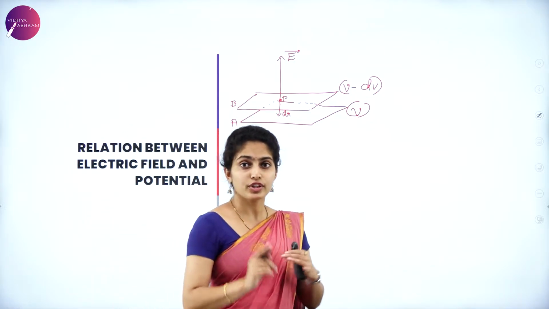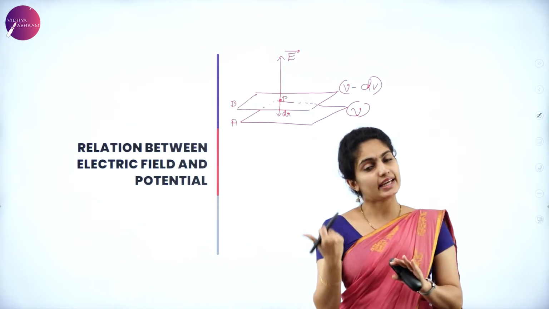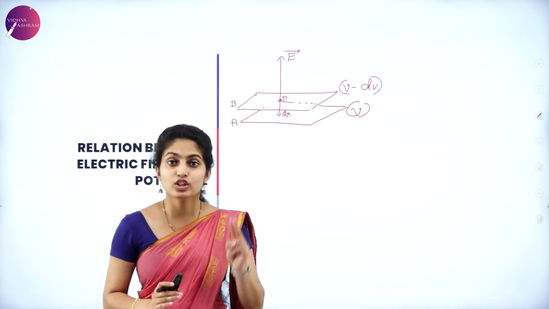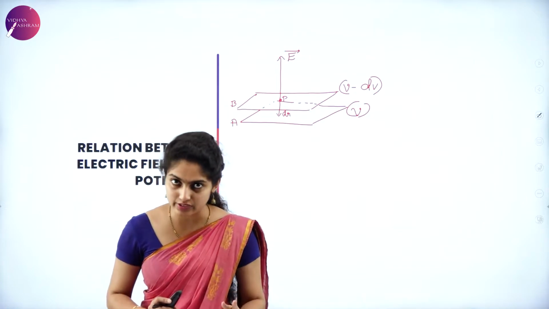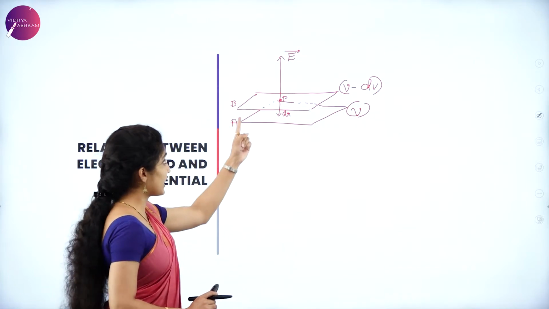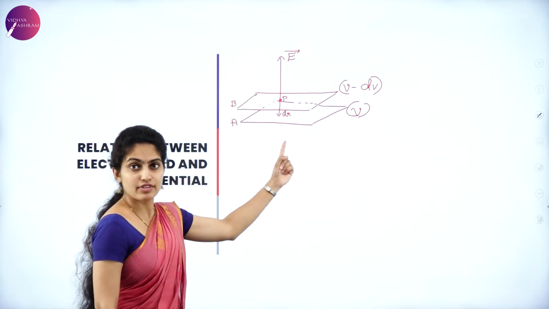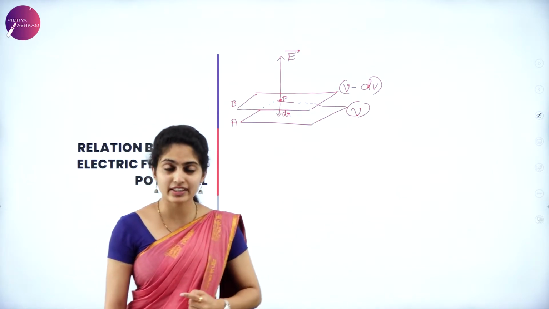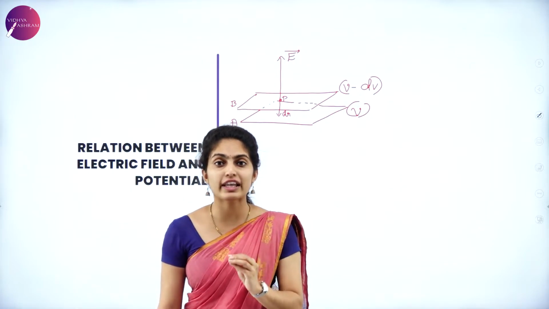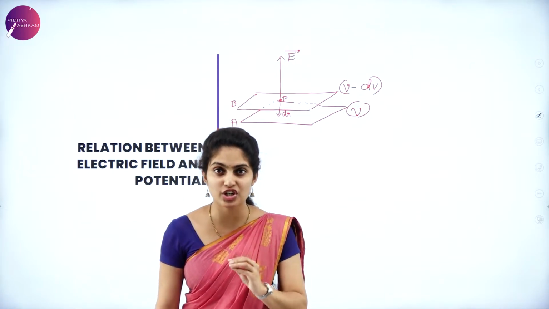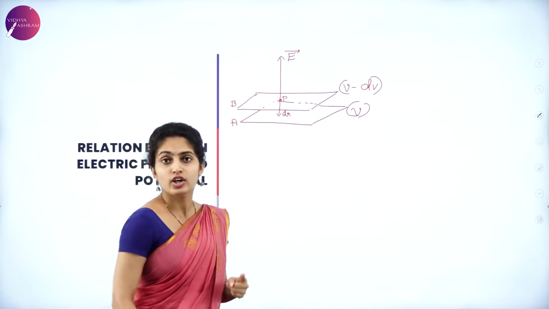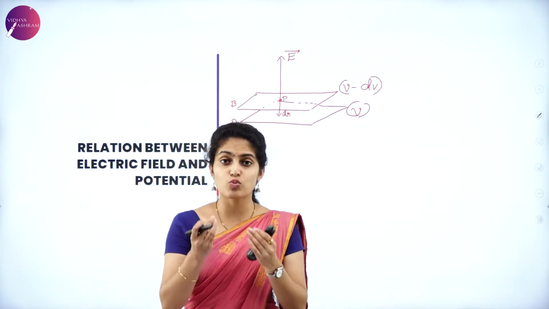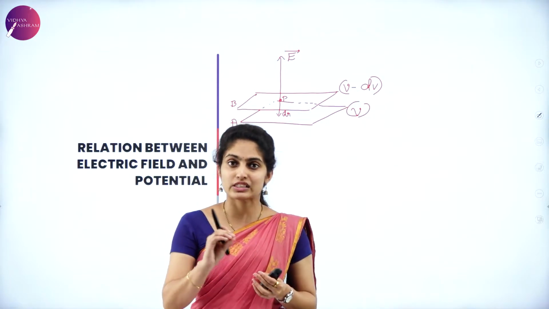Now what is our work? We have to equate electric field and potential. So now consider two equipotential surfaces known as A and B, which is having potentials V and V minus dV, and the flow of electric field is mentioned with the help of E vector through the equipotential surface. So now what is our work? We'll have to consider the work done.